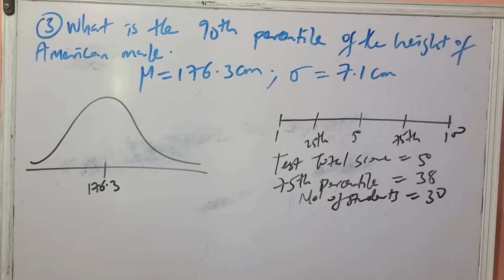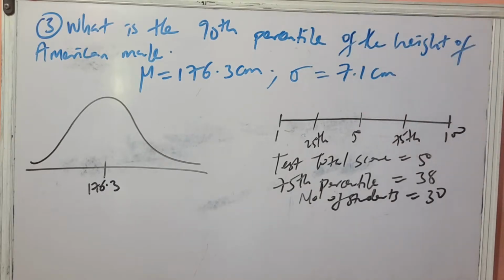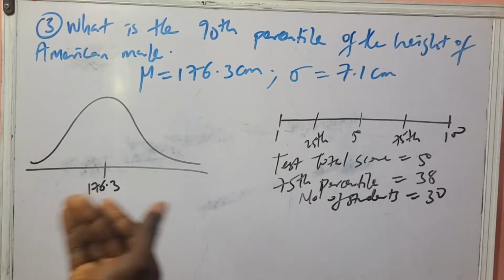Now, if I'm talking about the 90th percentile of the height of American males, as I said already, when you see a question that says 90th percentile, they are saying 90% of American males will either have that height or less than that.